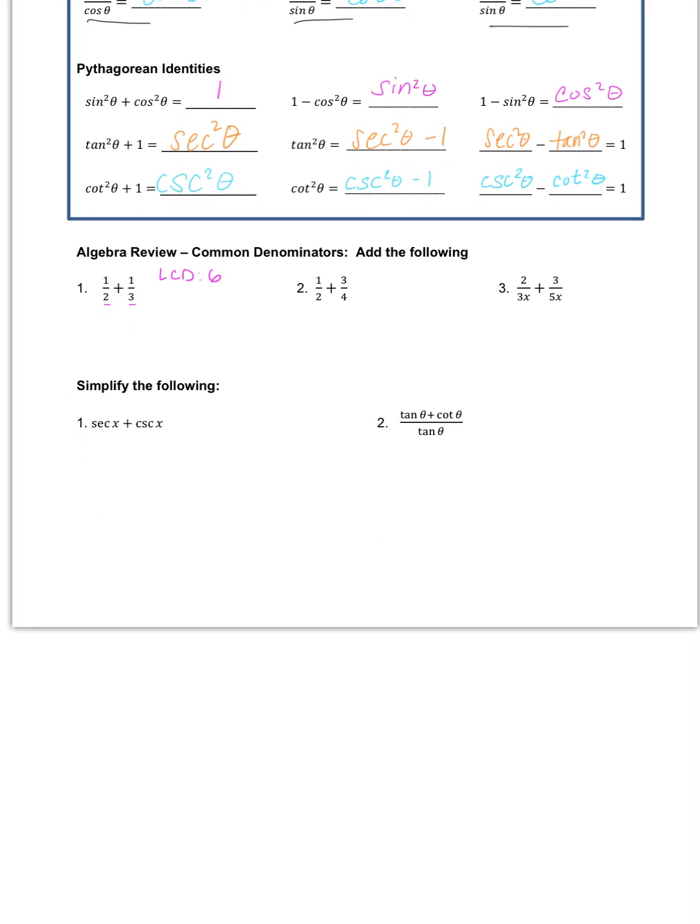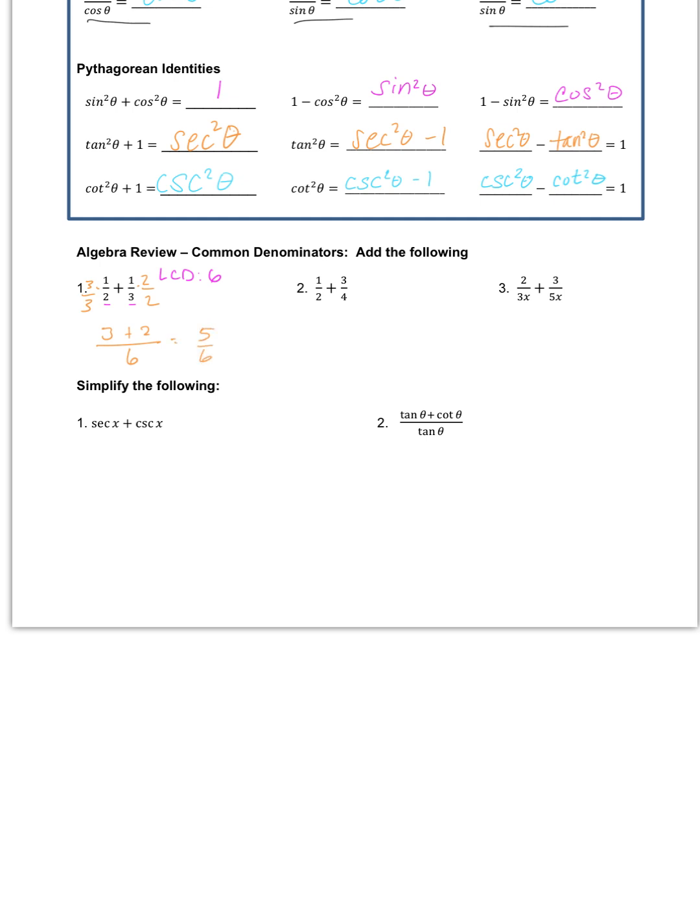I don't need to, but I want to make sure that you see how we do things for when we have to do the ones for trig functions. So I have to multiply this by 3 to make a 6 there. I have to multiply this by a 2 to make that a 6. So I have a 6 on the bottom. So 3 times 1 is 3 plus 2, and that's 5 over 6.